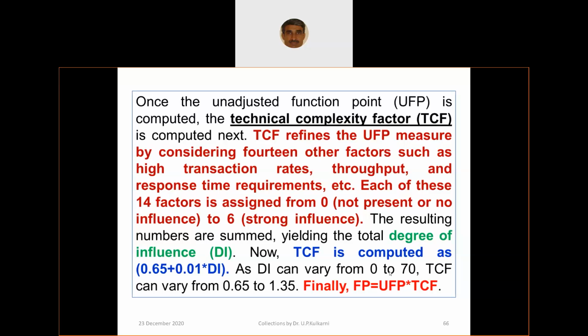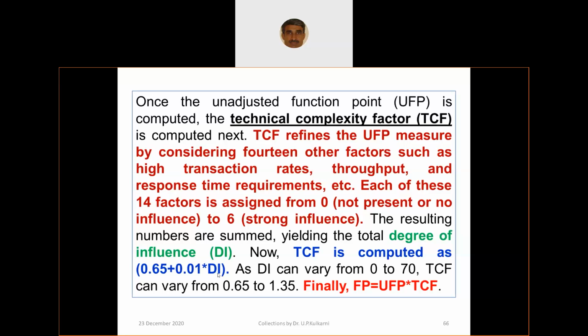So again, this is experience. Please look into that. This is not a formula to be used everywhere. They compute this based on their experience. So function point is calculated as unadjusted function point multiplied by TCF. You need huge data in order to arrive at that. You will not be asked to compute all these things, but the procedure you should know.